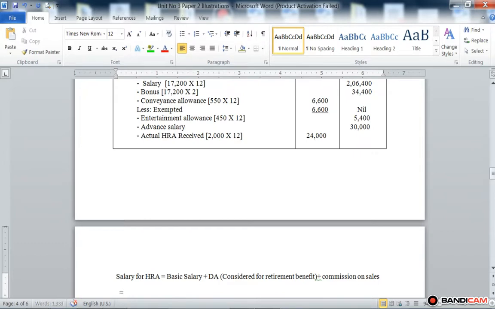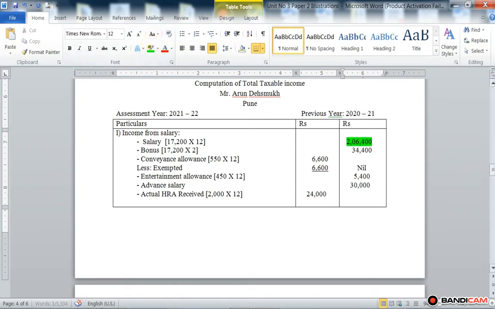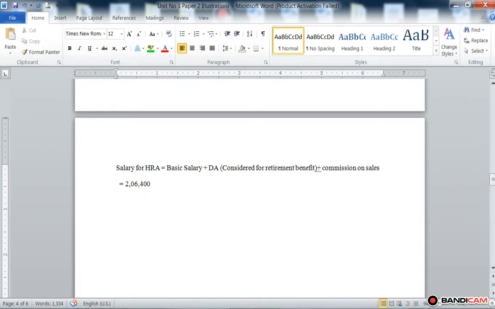Okay, so HRA salary is equal to basic pay, that is 2,06,400. We already computed the salary. So salary is 2,06,400 plus DA is not given, so nil, plus commission is also nil, so the salary for HRA is equal to 2,06,400. Now we compute a working note.